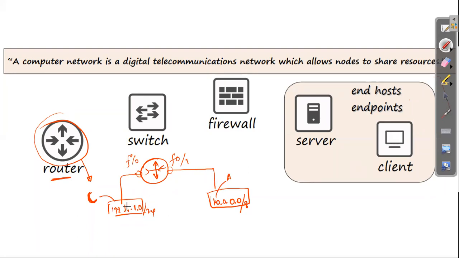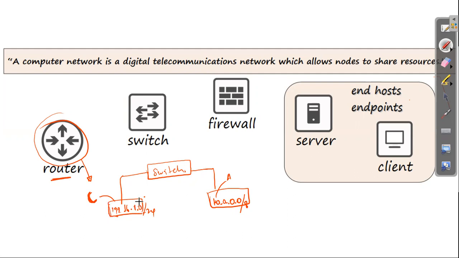Simply, if there are different networks, you cannot simply communicate, right? For the time being, I'm going to erase this and add one switch here. What happened now? If one tries to communicate with the other end, he cannot communicate.